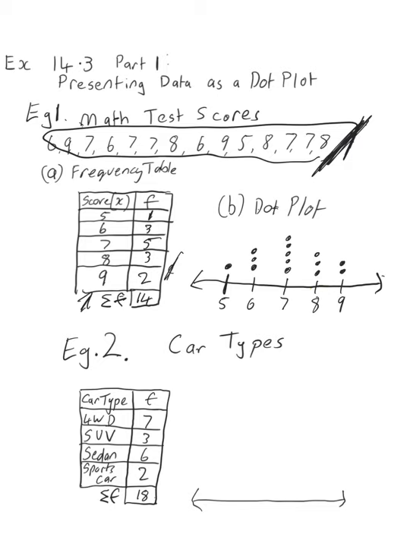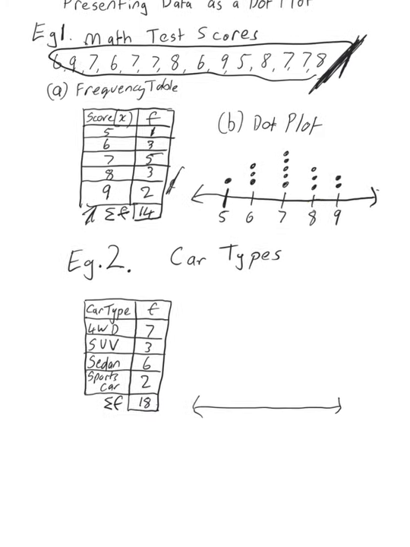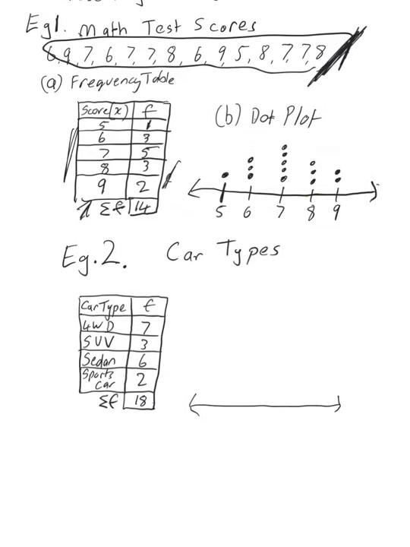Now, dot plots work not only for numerical data, which is in example 1, you know, these are all numbers down here, okay, also works for categorical data, okay. So in our X column here, we have categories, types of cars. So we have 4-wheel drives, SUVs, sedans, and sports cars, okay.